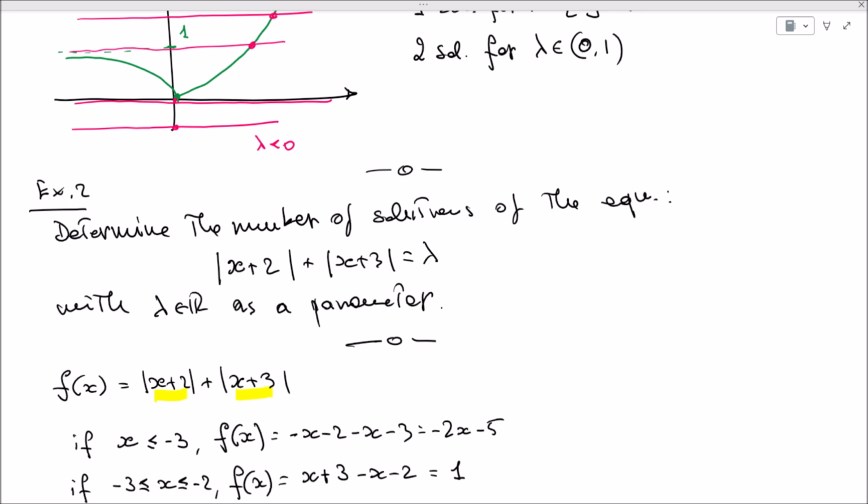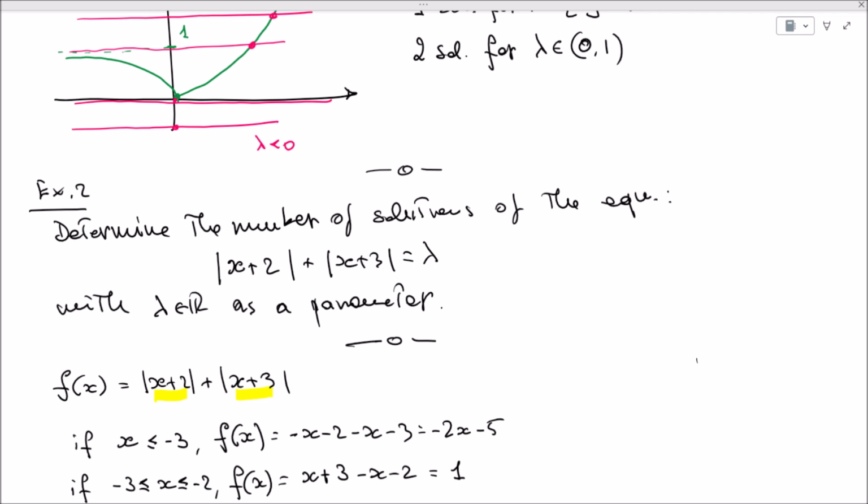If instead x is to the right of minus 2, both terms are positive, so we have x + 2 + x + 3, which gives 2x + 5.